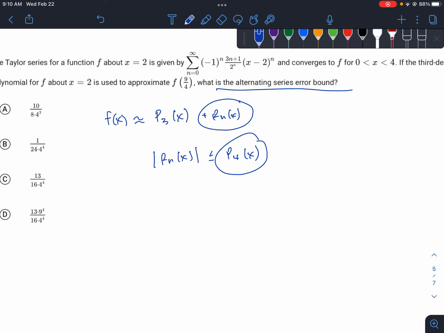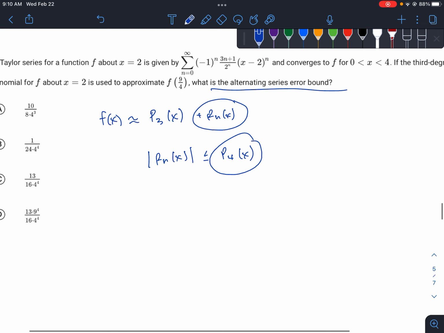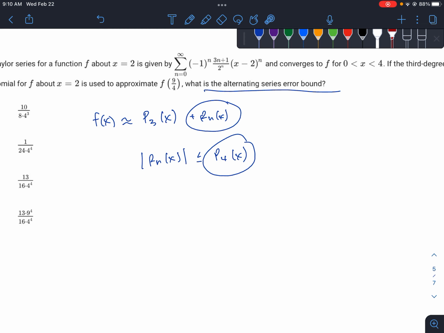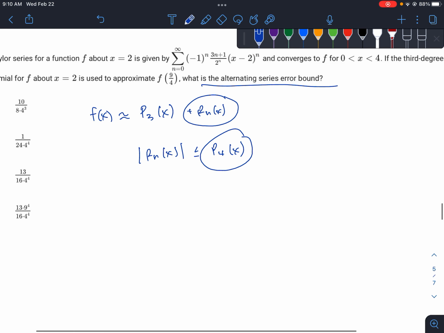So what is p sub 4 of x? First of all, let's find p sub 4 of x. Let's plug in 4. Or maybe we want to plug in 3 into that? No, I think we want to plug in 4 because we want it to be to the fourth. So if I plug in 4, I get negative 1 to the fourth, which is positive.